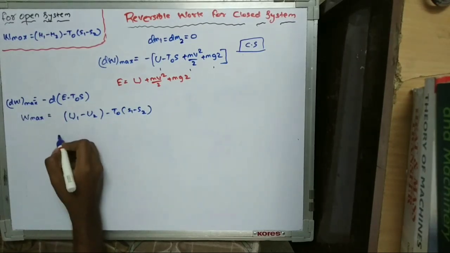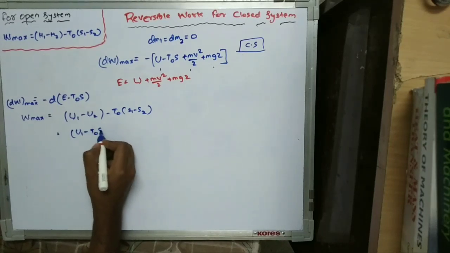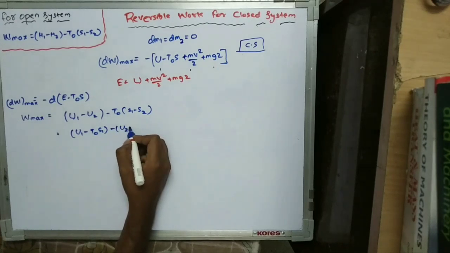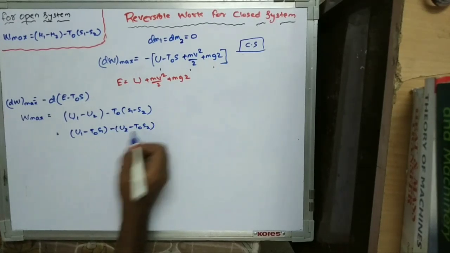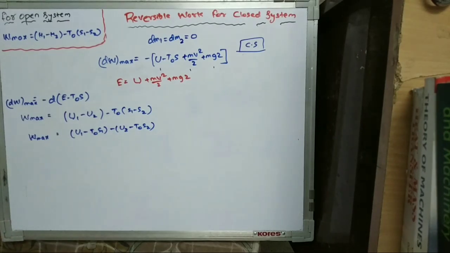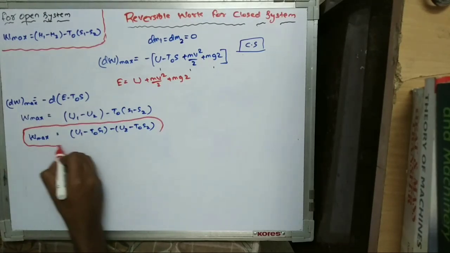This can be further written as (U1 minus T0 S1) minus (U2 minus T0 S2). This is the maximum work, or reversible work, in case of a closed system.